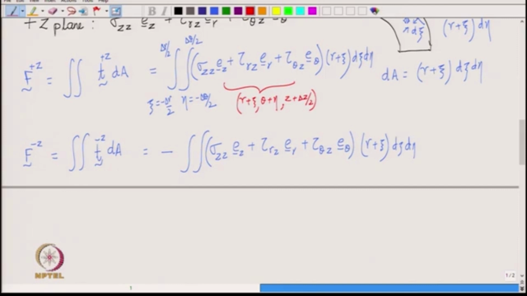Whereas, the bottom one, that is at little r plus zeta comma theta plus eta comma z minus delta z by 2.